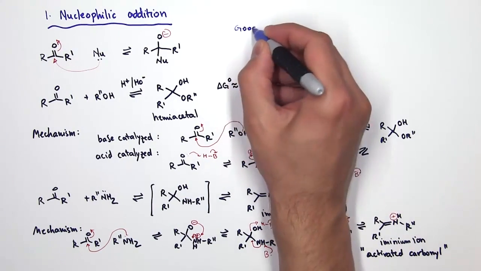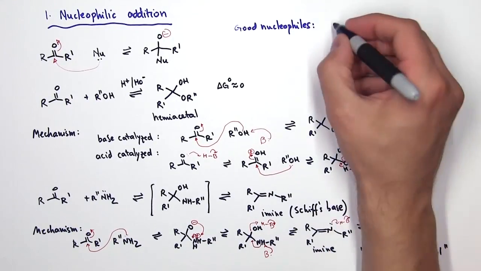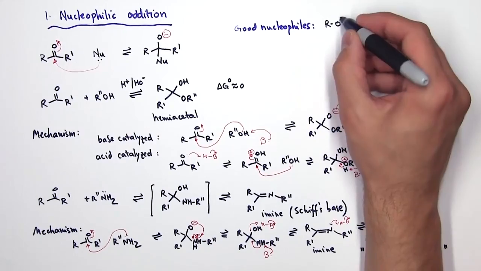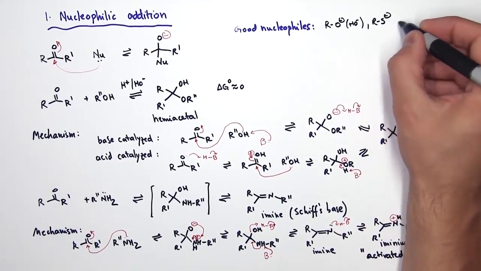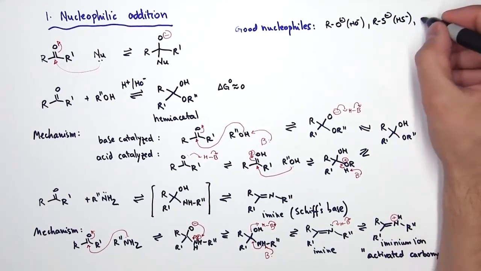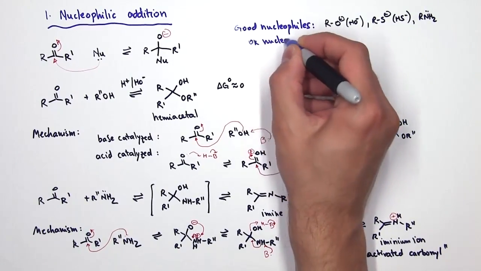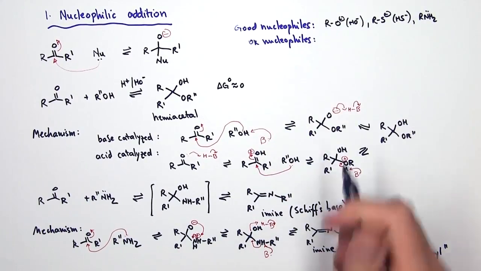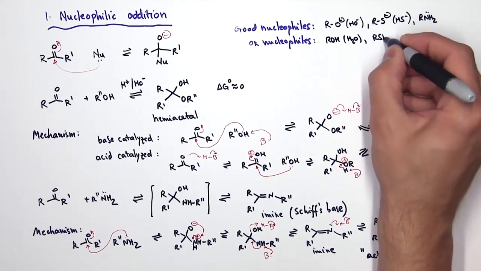We have some good nucleophiles, and here we have things with negative charges such as alkoxide or hydroxide. We have the thiolates and other things such as amines. And we also have some okay nucleophiles. Here we have alcohols, even water, and thiols.